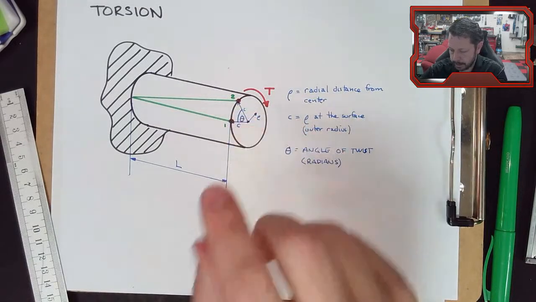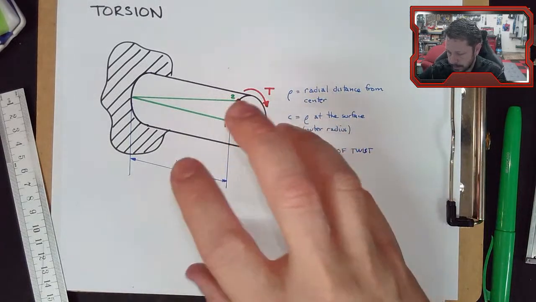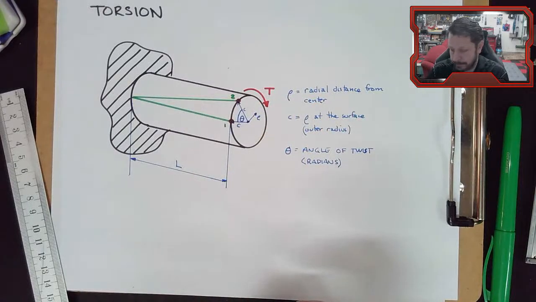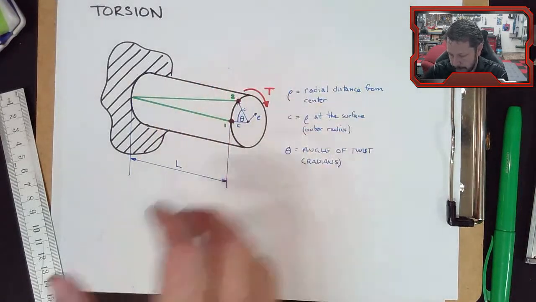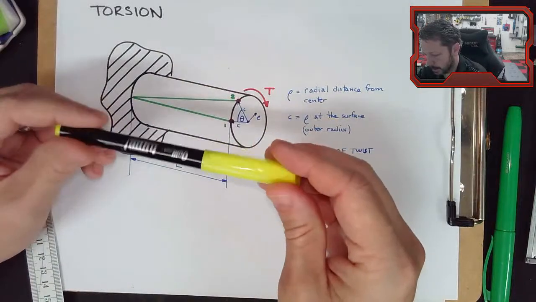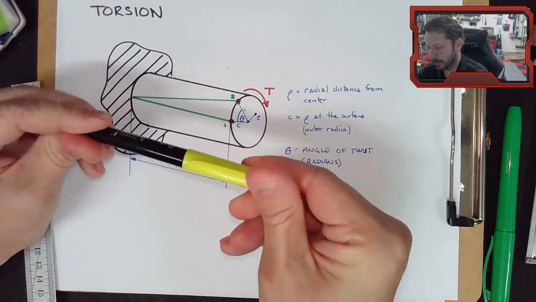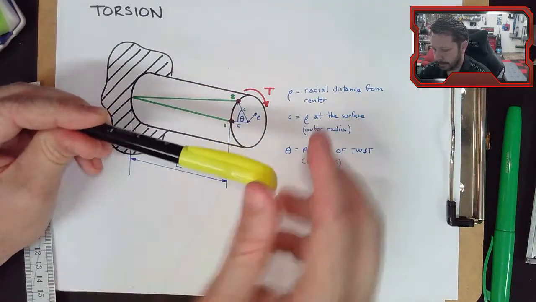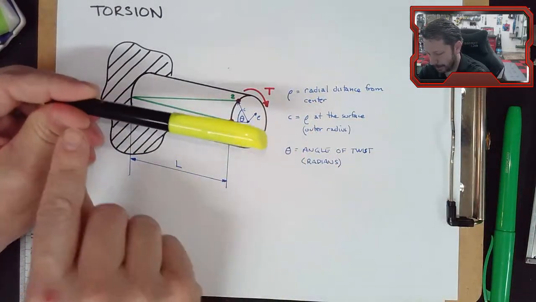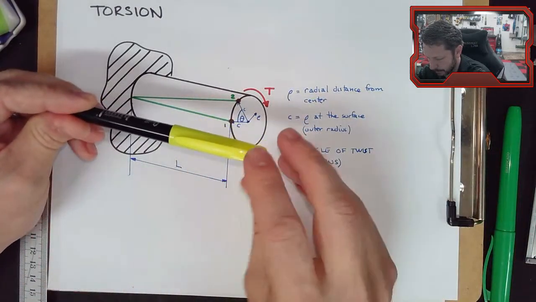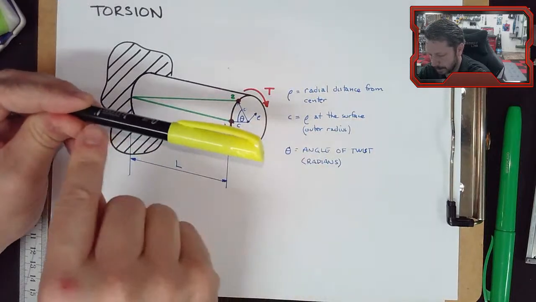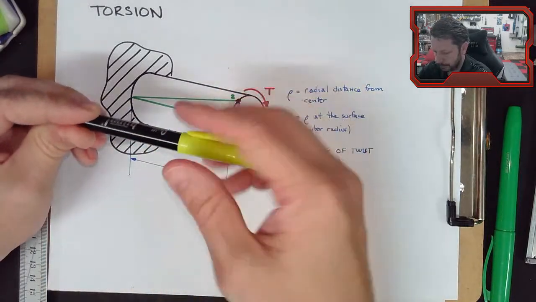That point didn't just move, but it had to strain to get there, because we didn't just spin the shaft. We're doing this, where we're twisting this point from here around, and so all that material in there had to strain.